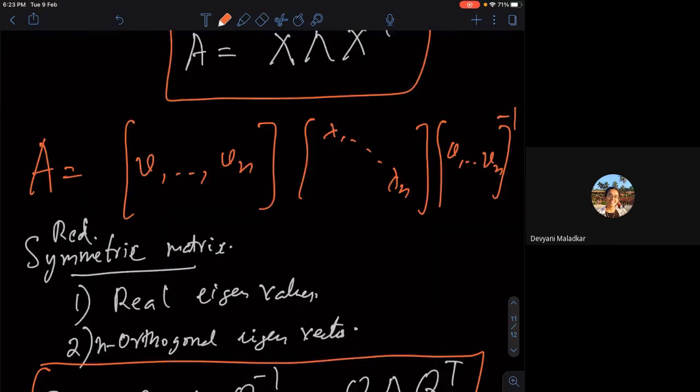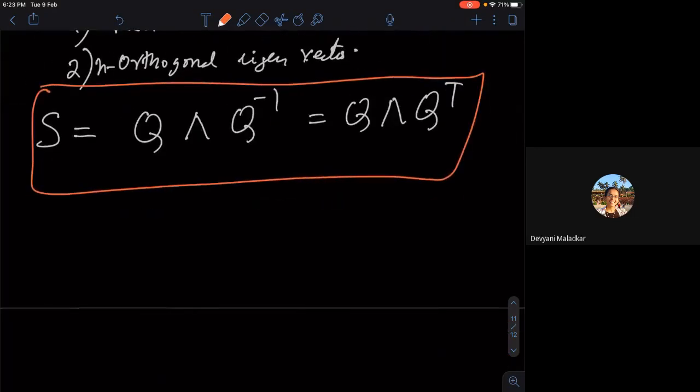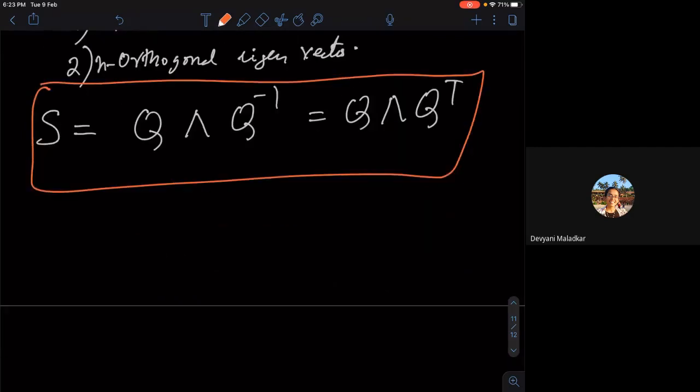I'll take just 5 more minutes, as I have one point I missed. We have A is equal to x gamma x inverse. What about A square?